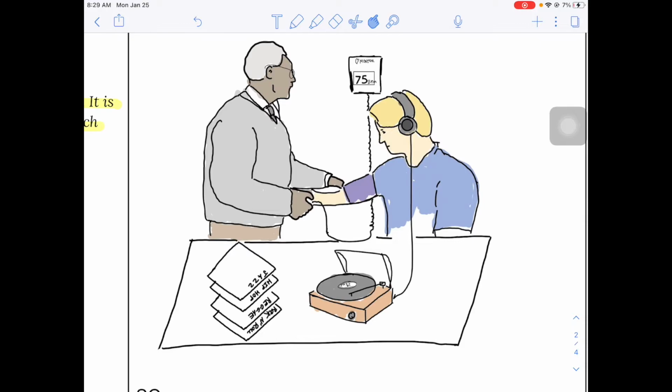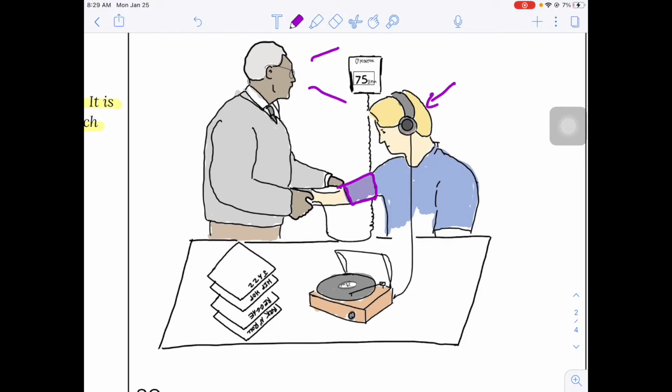What is the experimenter doing in order to collect data? So you see that this experimenter is looking at this heart monitor. It says 75 BPM, meaning beats per minute. The subject of the experiment has a heart rate monitor on, and the experimenter is looking at their heart rate.